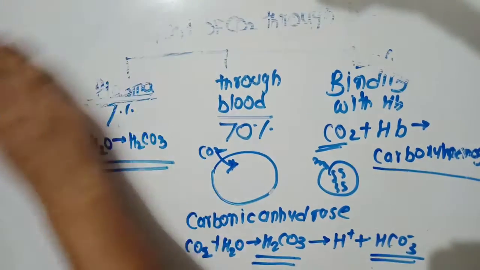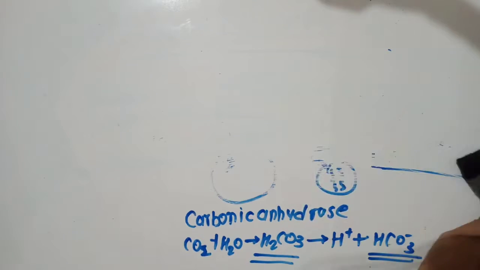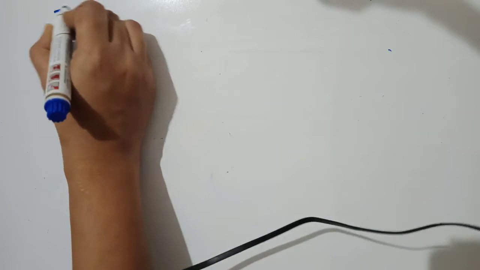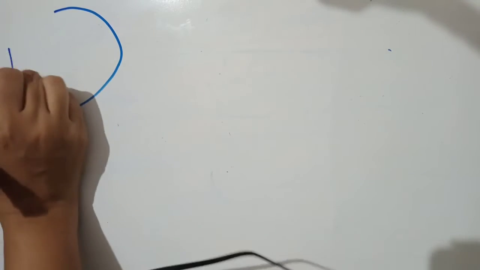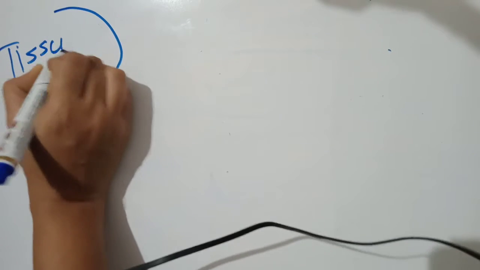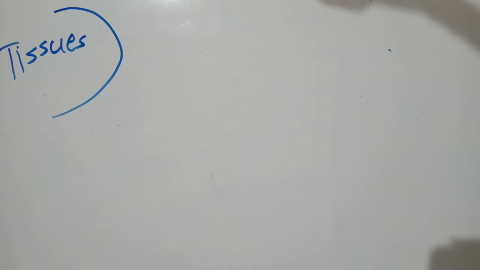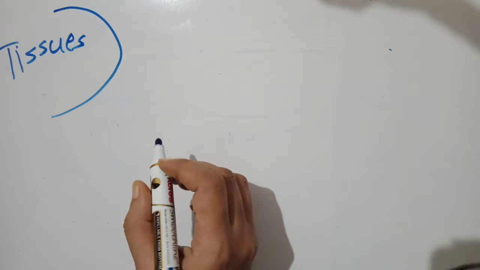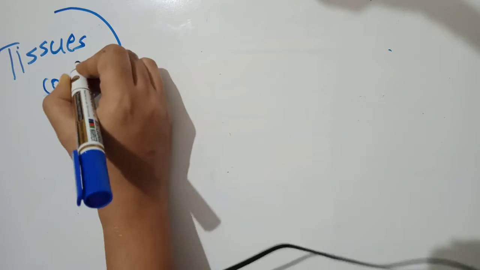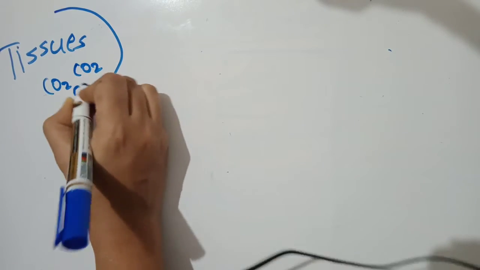So we'll go to the next part. We'll see the overall process, what happens. The first thing we'll see is from the tissues. Suppose these are your tissues. They are metabolizing tissues, where there is continuous utilization of oxygen, and these tissues become rich in carbon dioxide. Here I will draw a big RBC.